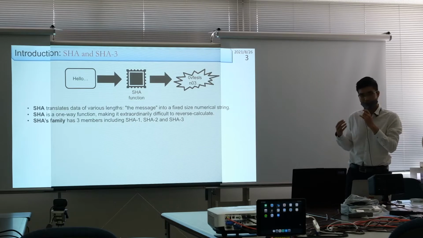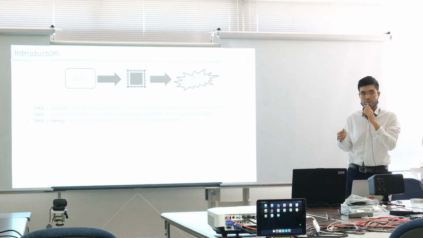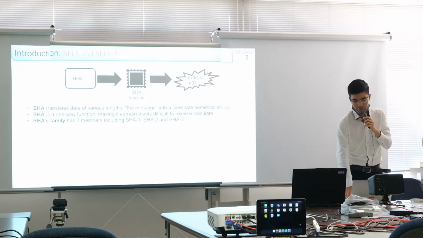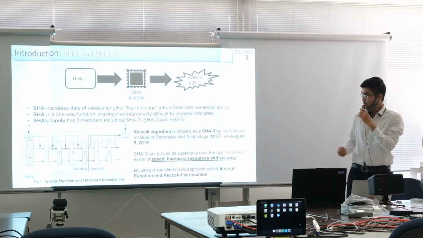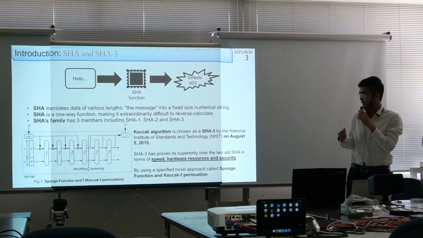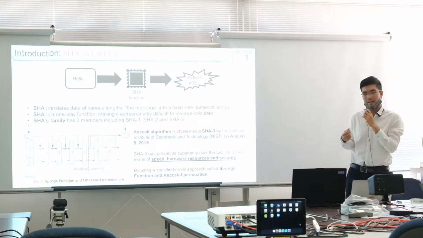The SHA family has 3 members: SHA-1, SHA-2, and SHA-3. But here we just focus on SHA-3. SHA-3 is basically the Keccak algorithm. It was chosen as SHA-3 by the National Institute of Standards and Technology on August 5th, 2015.